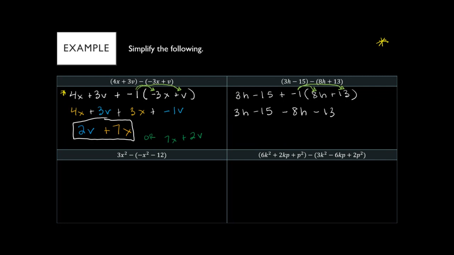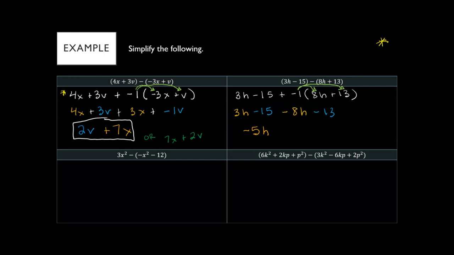So now I'm going to find my like terms. I'm going to just color code them. I've got a 3h and a -8h, and then a -15 and a -13. So that will help me match and do things. So I've got 3h minus 8h. So 3 minus 8 is -5.